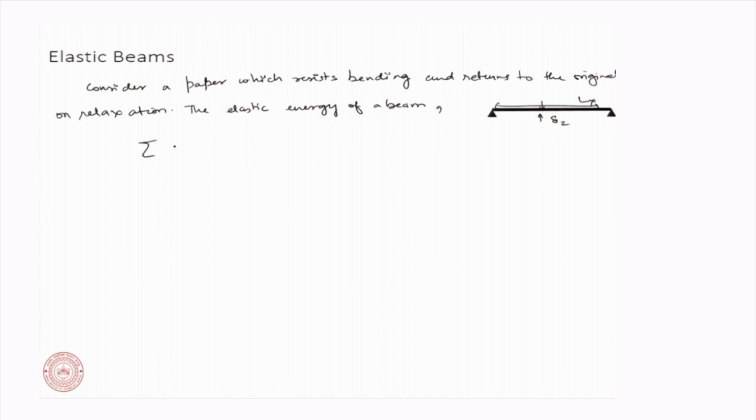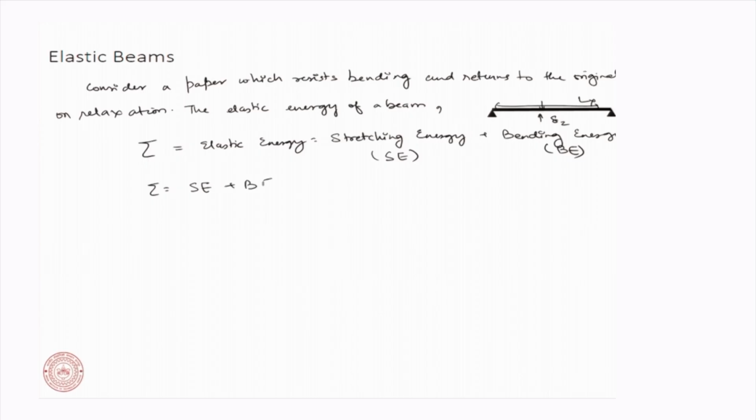Say, sigma is now a summation of elastic energy, a summation of a stretching energy plus our bending energy. Let us give this as SE and this as BE. So, sigma equals SE plus BE, the stretching energy plus our bending energy.